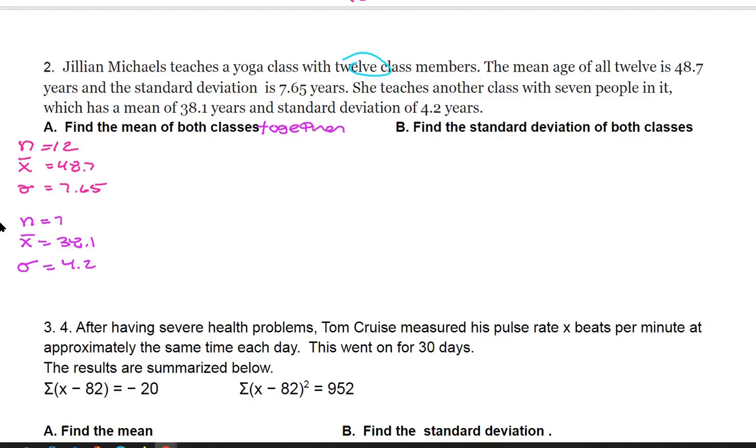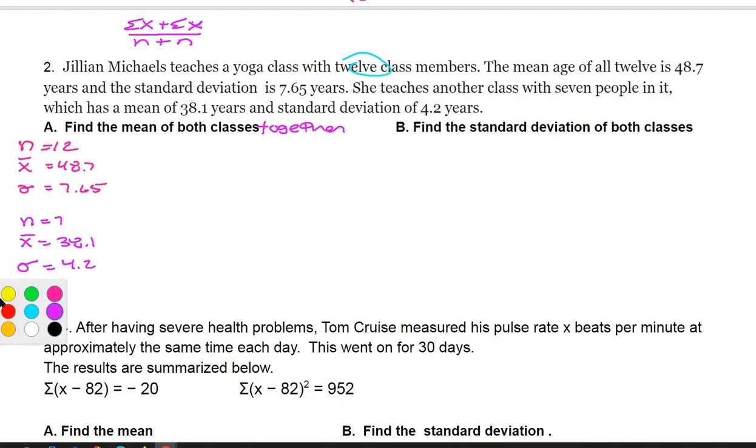All right, so in order to do that, basically the formula is I'm going to use the sum of the x's plus the sum of the other x's divided by each n, added together, and that's all I need to do this. So the problem is I don't have that information, but I can figure it out.